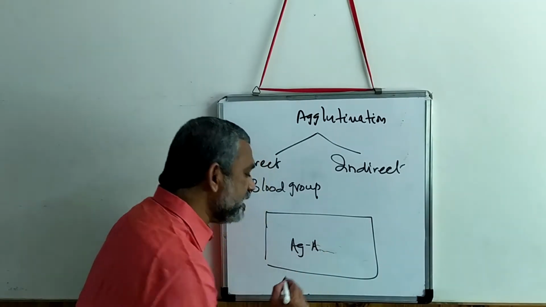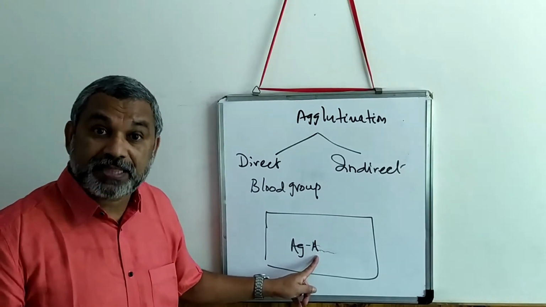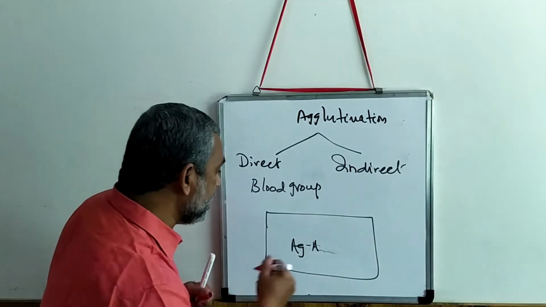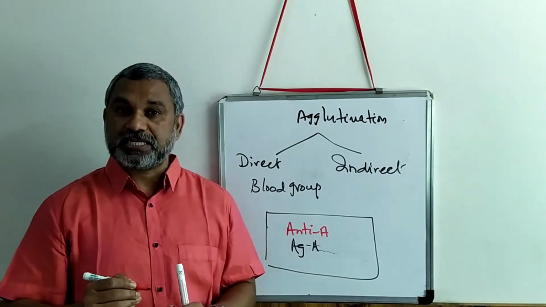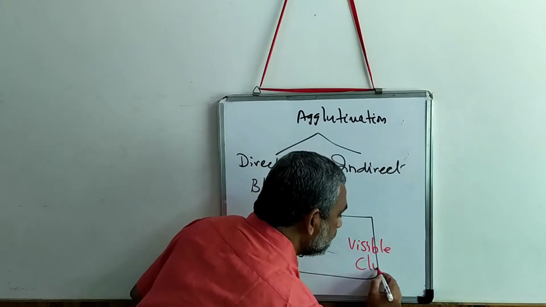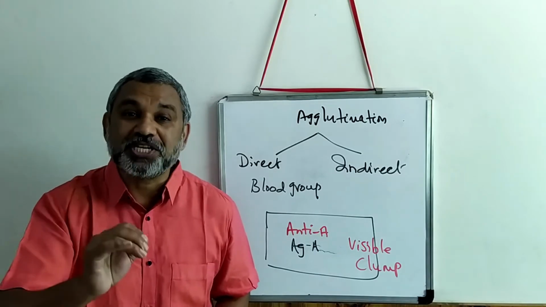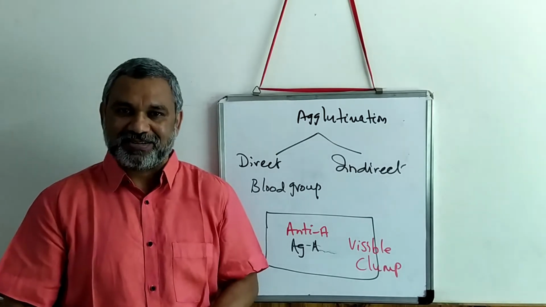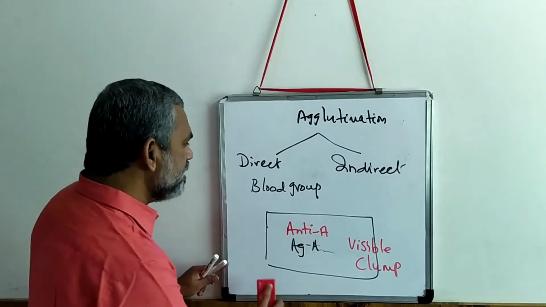Assume this is blood group antigen A. Now the antibody against this antigen, that is anti-A, is added, and a reaction occurs. A visible clump, a visible agglutinin, is formed. This is what we call a direct agglutination reaction, a simple test which is carried out on a slide. It is called the slide agglutination.